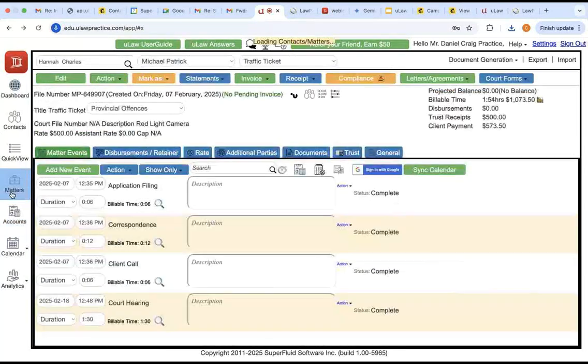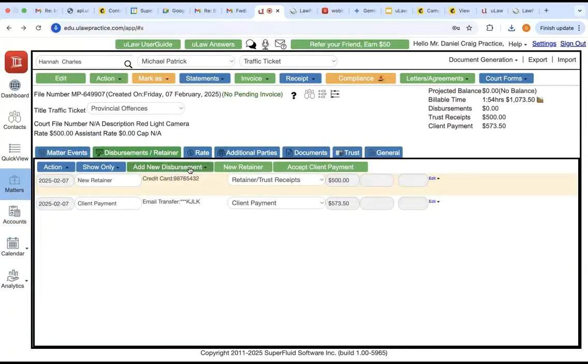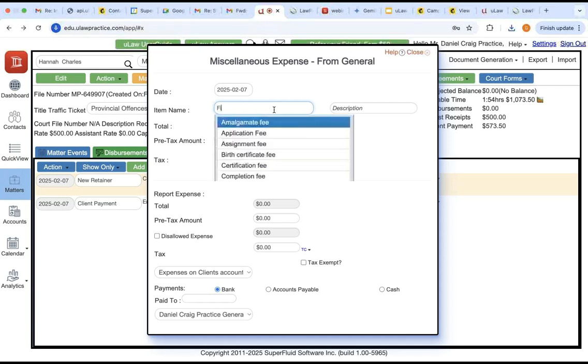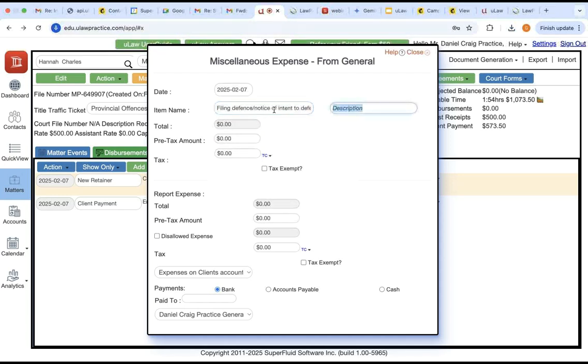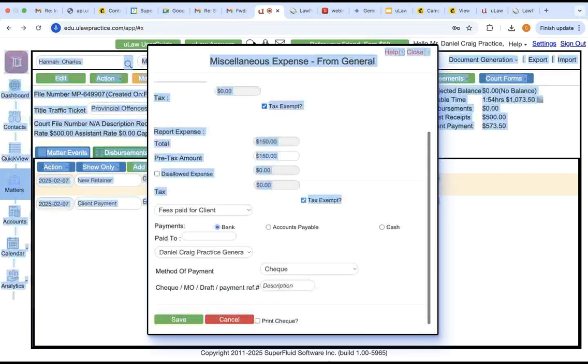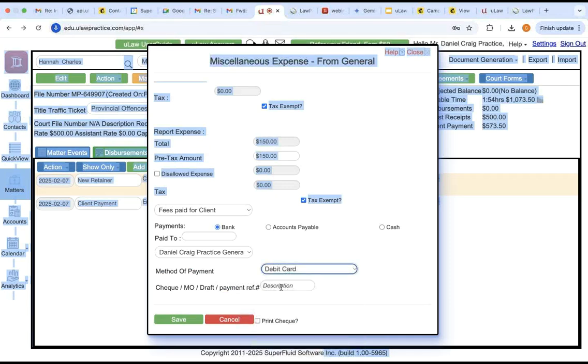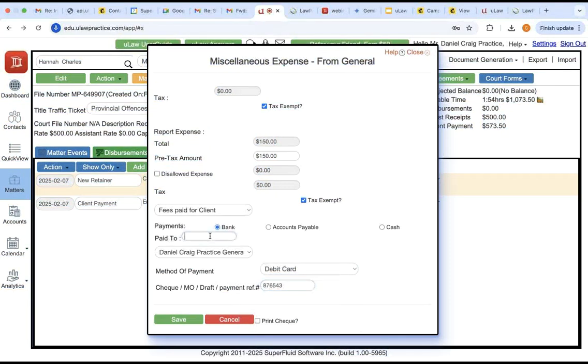But let me show you how it looks when you go back into the matter, go into disbursements. Let's say you add a disbursement as if it was paid from the general. So let's say this was something to do with filing fee. You're charging your client so much. You also paid so much. And then you use your general account to pay. Maybe you used the debit card.